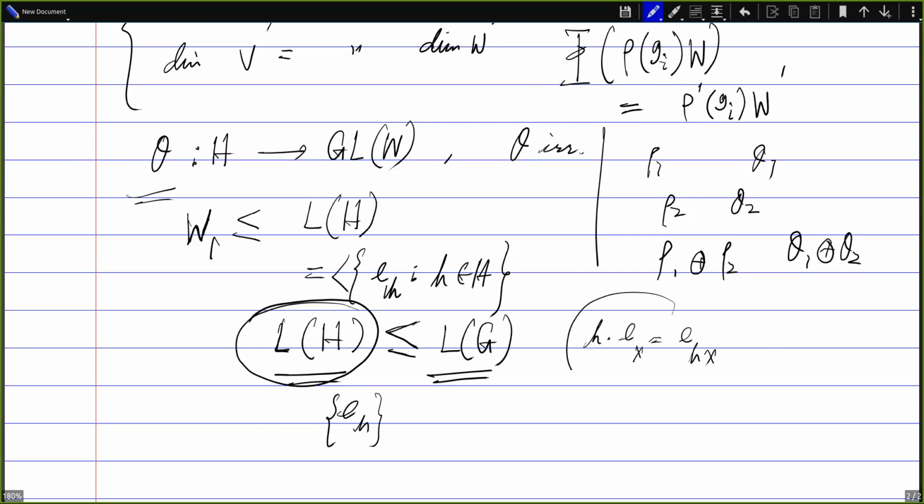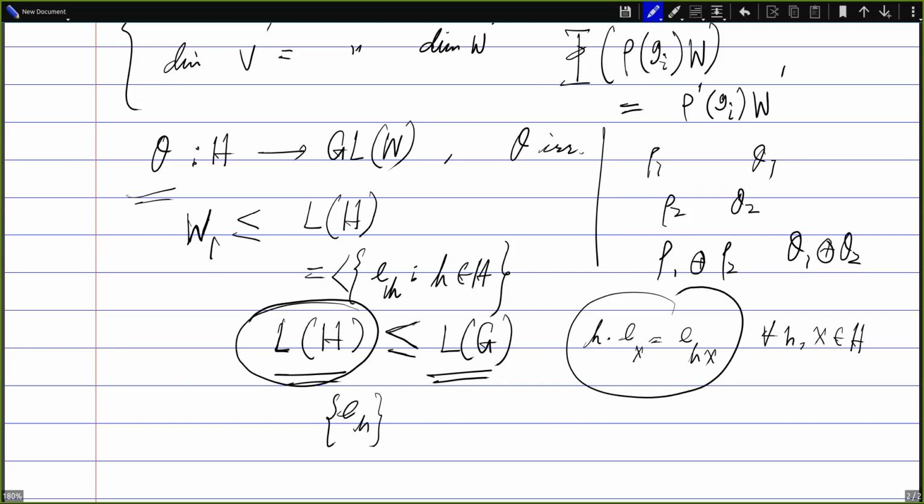This is what we have for both h and x in H. So the left regular representation of H is the restriction of the left regular representation of G. So once we see that, then we recall that this restriction induces the left regular representation of G.